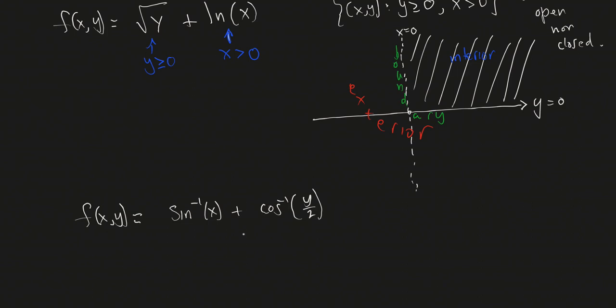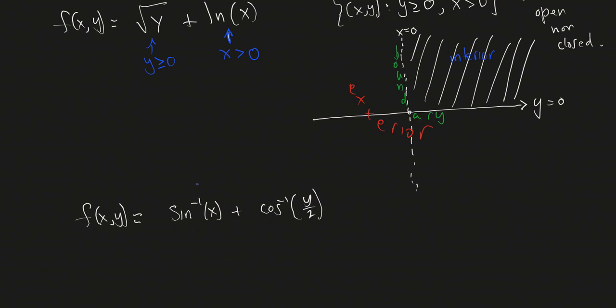So now we have some inverse trig functions, and let's see what we can determine based on their properties. What do we know about these inverse trig functions? Well, it turns out they share similar properties.